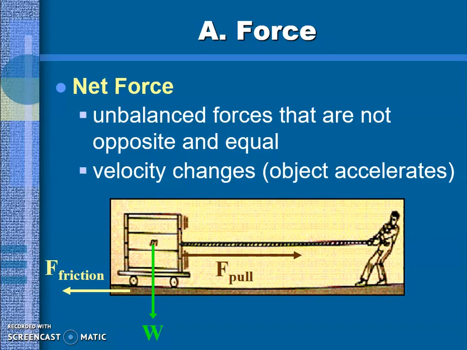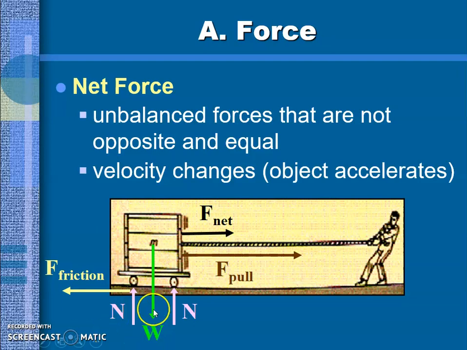We also have, of course, gravity acting, because gravity acts on all objects. That is a downward force. And you have that opposite force pushing upwards from the ground. And so our net force is going to go towards that pull.